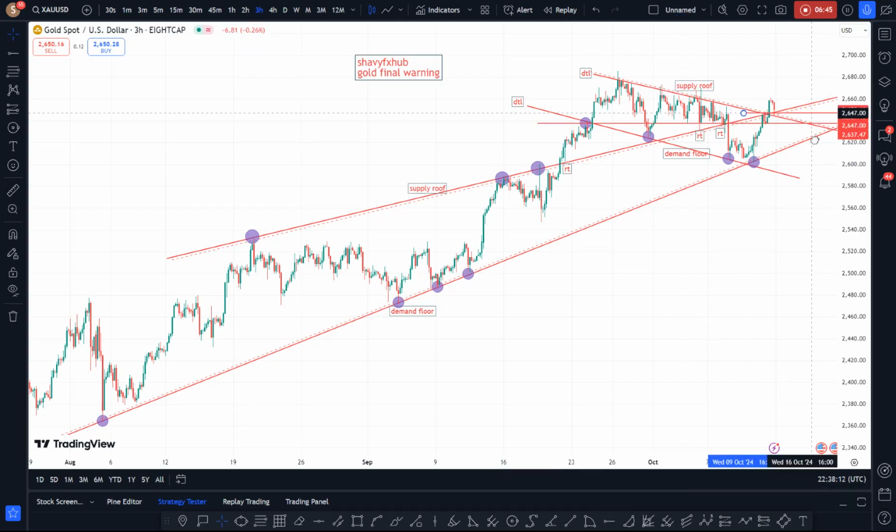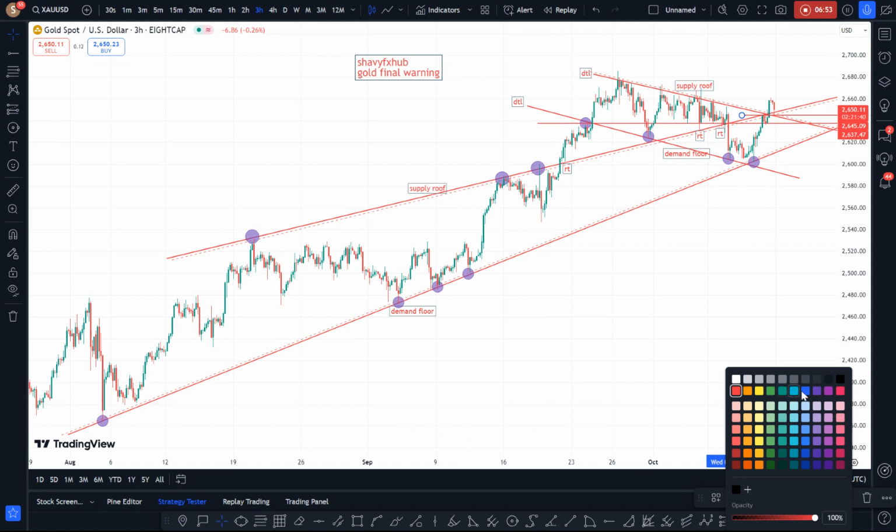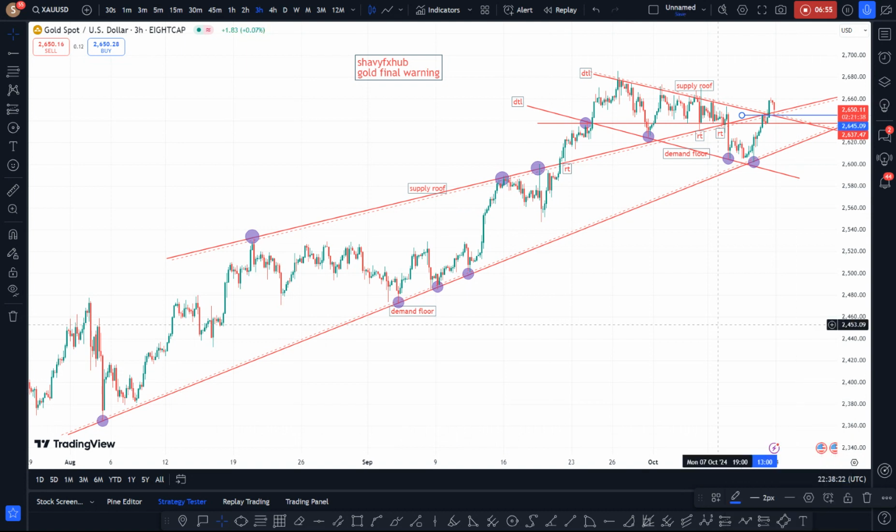We have a resistance structure, a 3 hour resistance structure in the zone of 2645.09. And we also have a descending trend line, a 3 hours close descending trend line where the body of the candle is monitored. Every high was closed below the trend line.